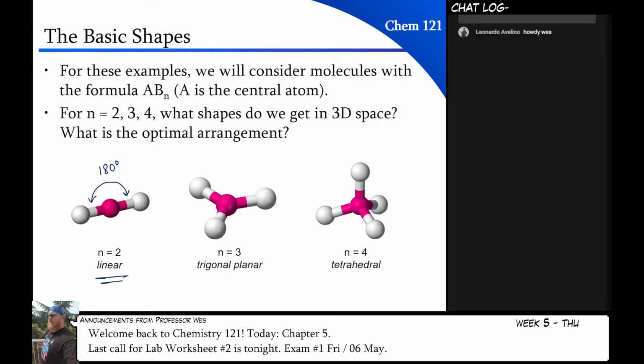For 3 objects, we push away from all of our neighbors as far as we can without causing any one of these angles to be smaller than the others. And the result that we get is that each of these is 120 degrees. So what we have created is a triangular arrangement that we call trigonal planar.